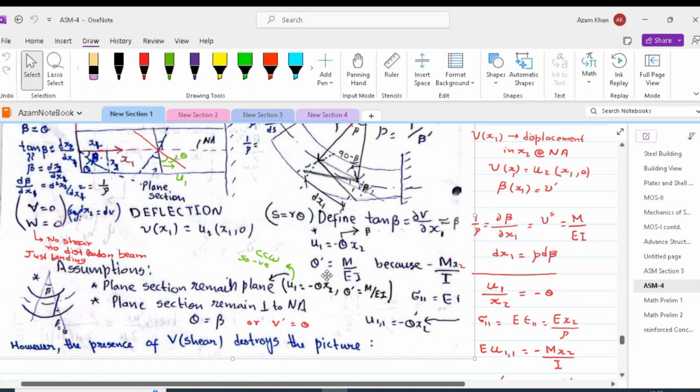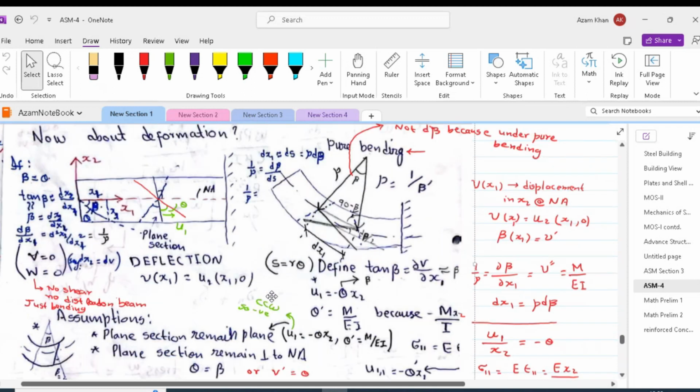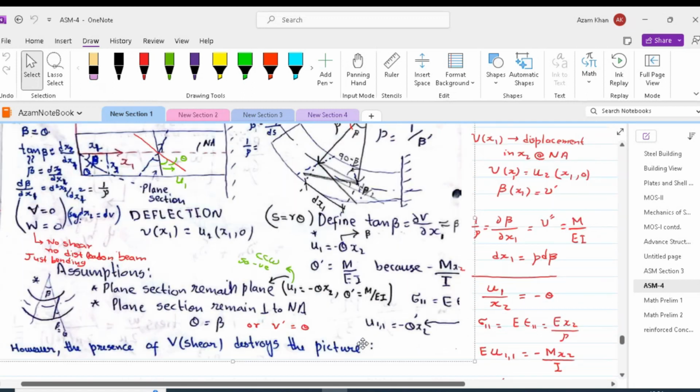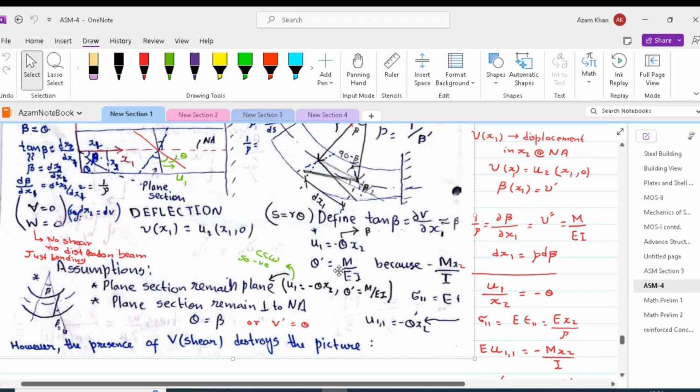So there are two important things to note in the Euler-Bernoulli beam theory. One is plane section remaining plane. The implication of this assumption is that we get the expression u1 is equal to minus theta x2. And the second implication is that we get theta prime is equal to M over EI.